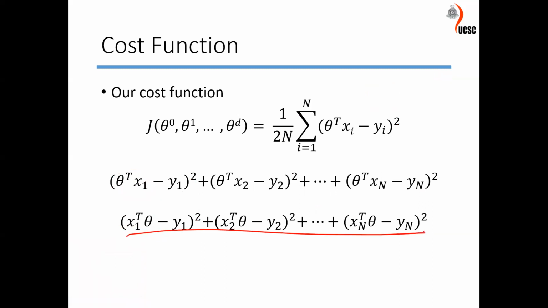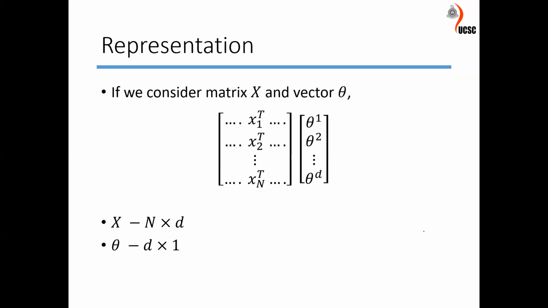Right now we are in this place. If we consider this X and theta, here we have x1 transpose, x2 transpose, xn transpose like this.